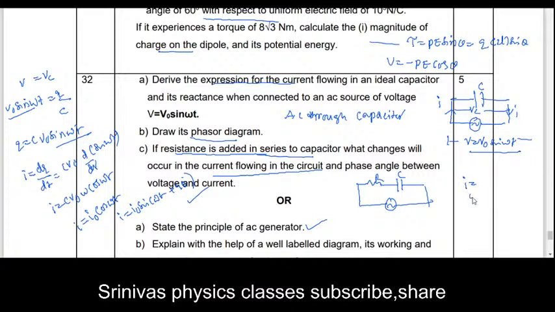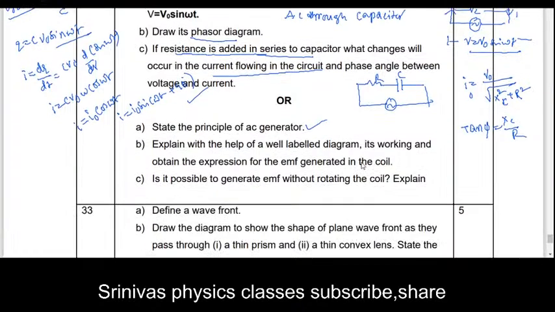The peak value of current is V naught by root of X C square plus R square. Tan phi, the phase angle, is X C by R. You remember these formulas.